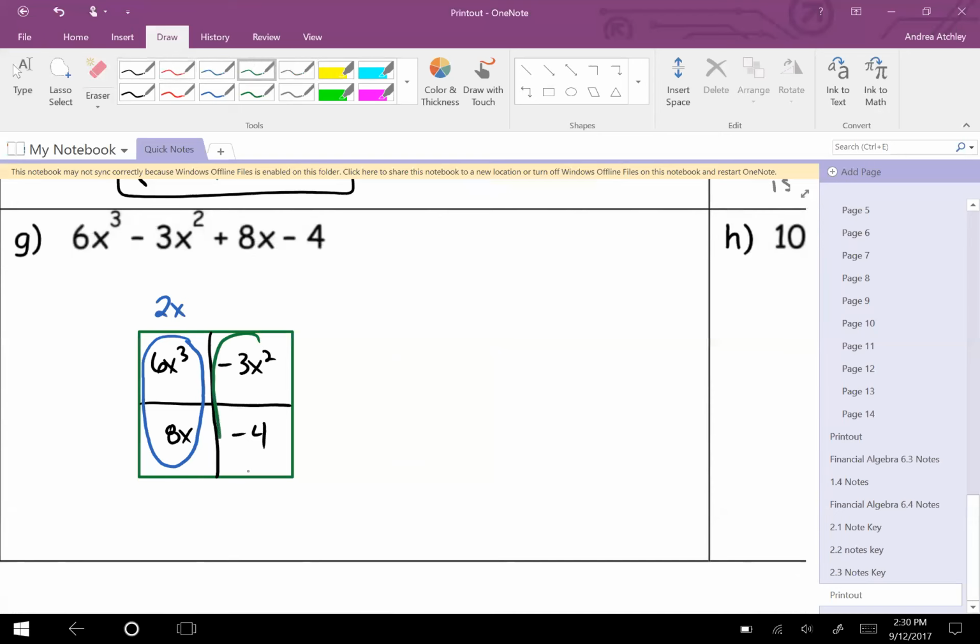The next one. Can 3 and 4 both be divided by anything? No. Okay, so since there's no bigger number they can both be divided by, the GCF is 1. And it needs to be negative because that first term is negative.